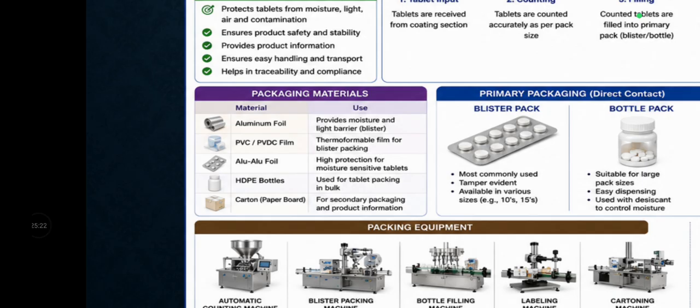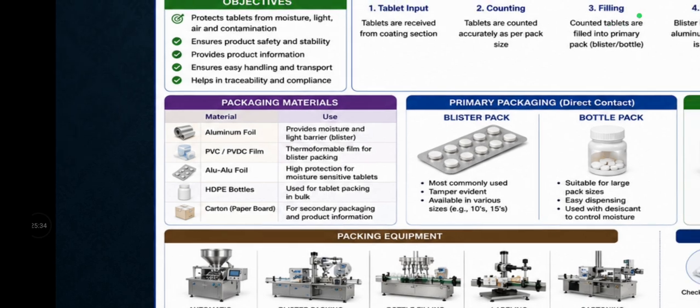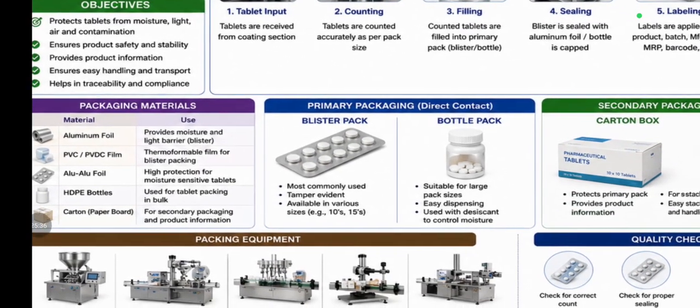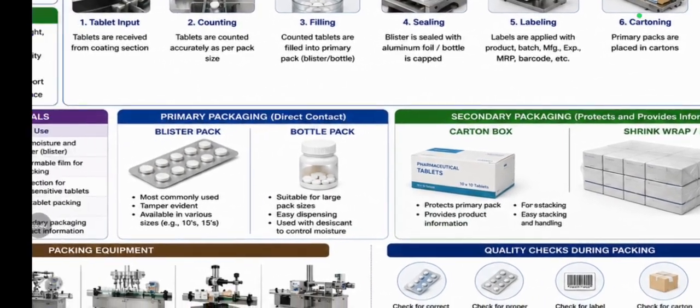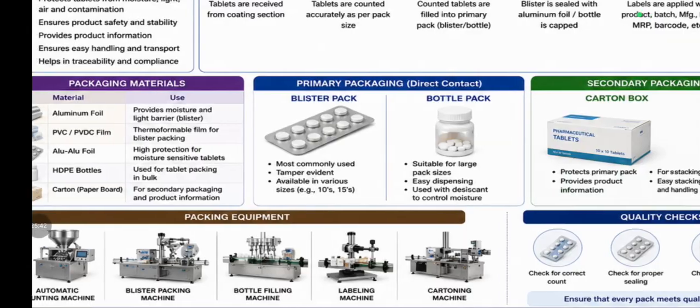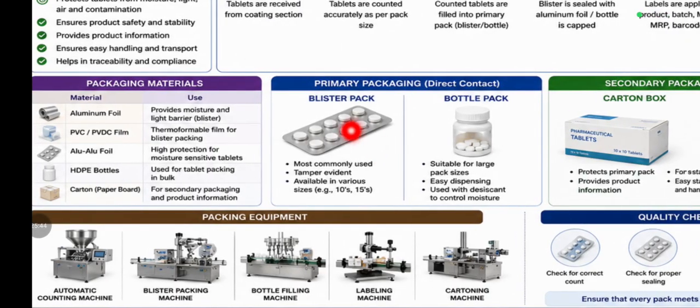Which packing materials are we using? There are different types of packing materials available, for example aluminum foil, PVC, alu pack, HDPE bottles, and cartons. Primary packaging is in direct contact with the product: the blister pack and the bottles.